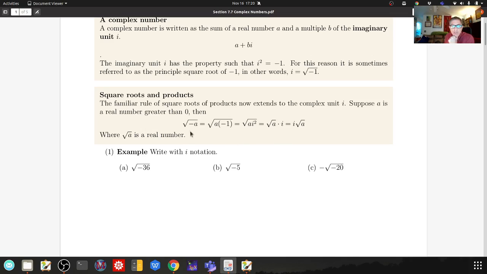So let's look at this. Let a be a real number. So the square root of minus a is equal to the square root of a times minus 1. But minus 1 is equal to i squared by definition. So since it's i squared, and the index here is 2, that allows me to move the i outside of the radical sign.